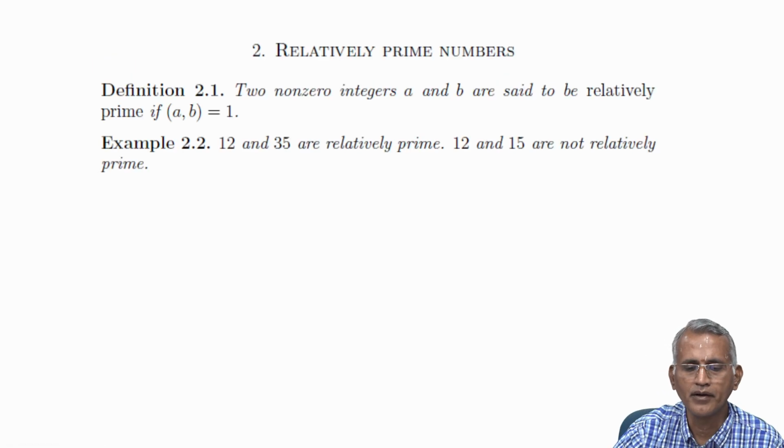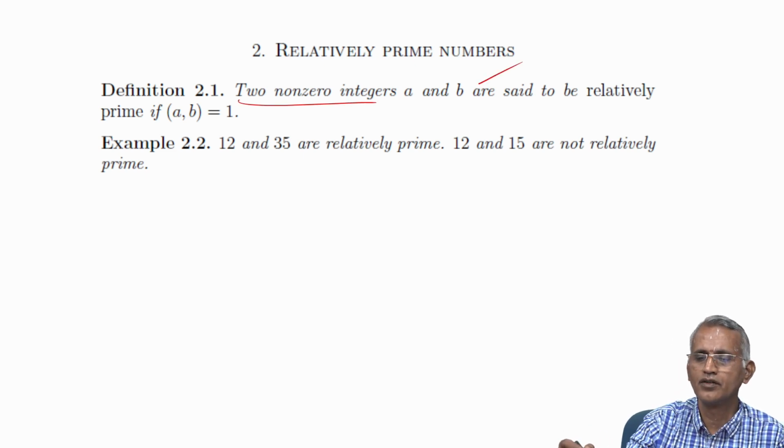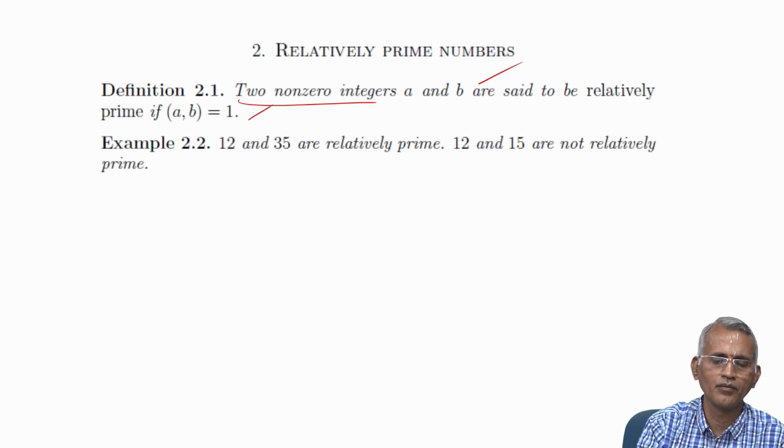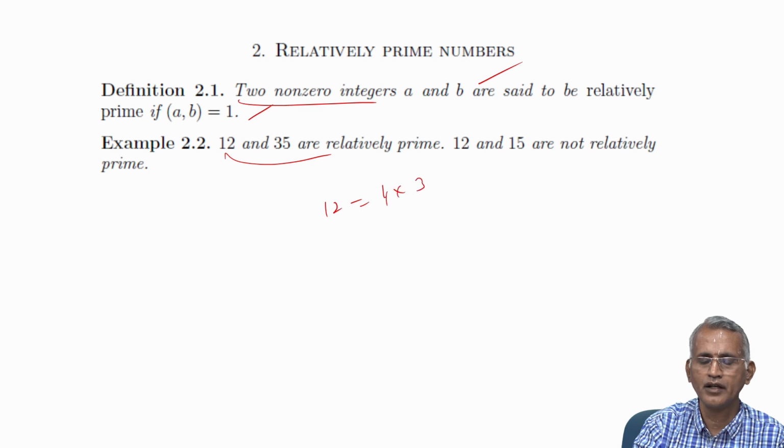Relatively prime numbers: two non-zero integers a and b are said to be relatively prime if the GCD of the two numbers is equal to 1. Another example: 12 and 35 are relatively prime because they have no common factor. 12 can be written as 4 into 3 and 35 can be written as 5 into 7.